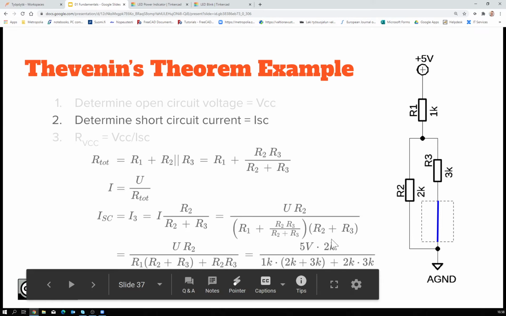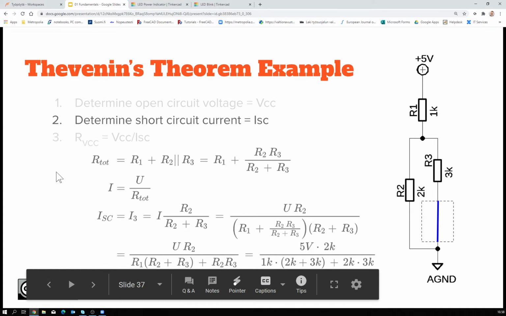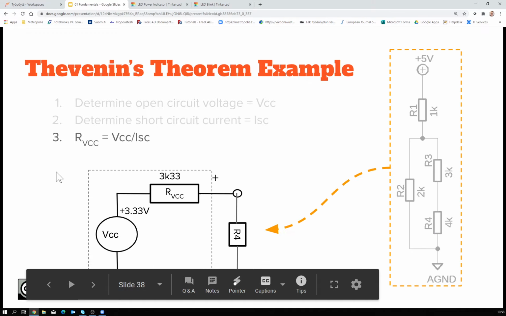It looks ugly, but it's just mathematics, replacing those parameters with the values, and we get a short circuit current of 1 milliamp. Oh, that's nice, a nice round value.